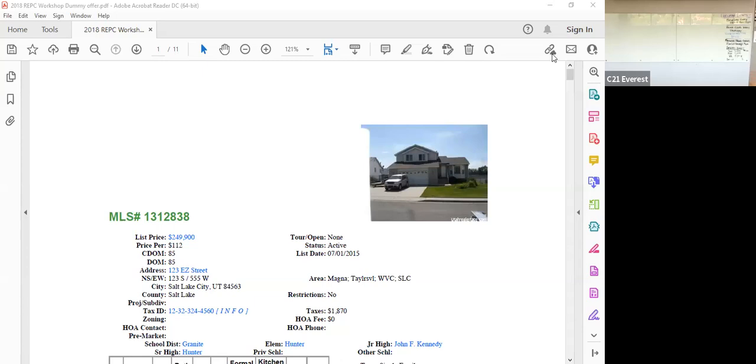If you're on a computer, I can throw into the chat box a copy of this, so I'll do that so you can print it off if you need to. The Oregon contract is 13 pages, with 6 pages of signatures.